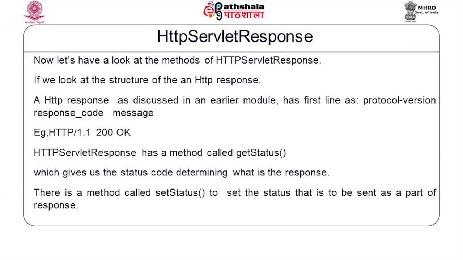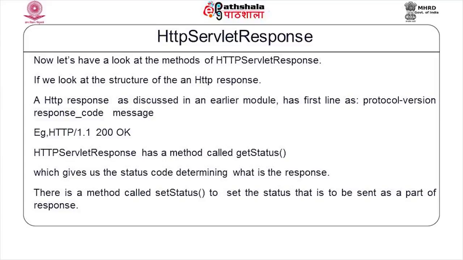If you look at the response, again the structure of the response, what was the structure? First was protocol. What was the second field in the first line of the HTTP response? That was the 3-letter response code, fine.